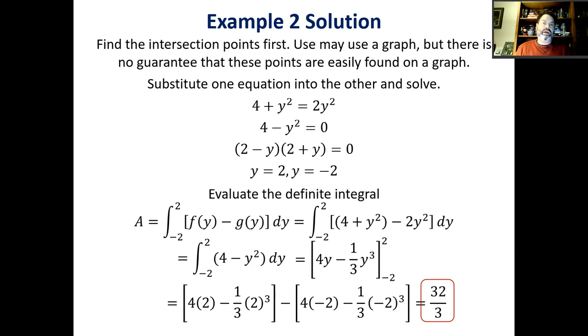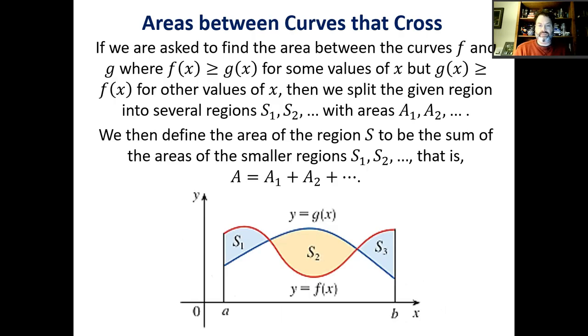So we've seen integrals with respect to x, integrals with respect to y, and now one more twist. Sometimes the curves cross, and as I mentioned earlier, you need to use a different technique.